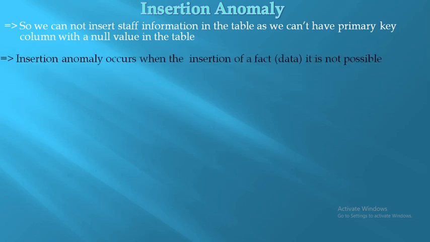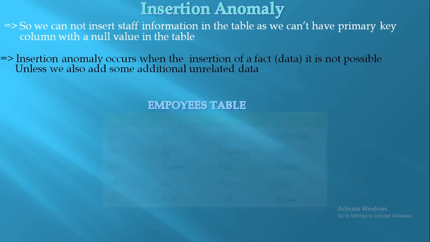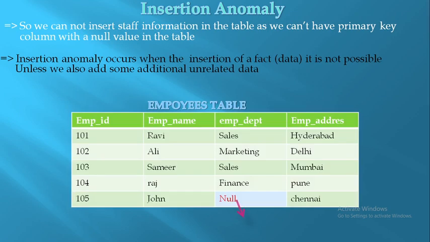Insertion anomaly occurs when inserting of a fact, that is data, is not possible unless we also add some additional unrelated data. So the only option I have, if I really want to save that particular staff information, is to add unrelated data.